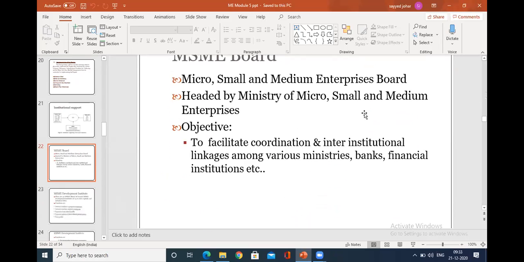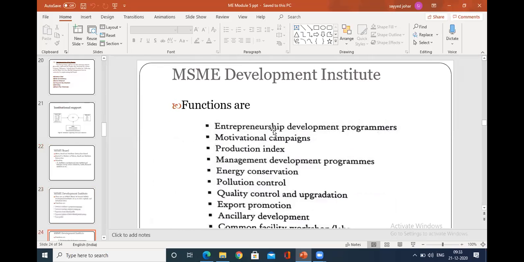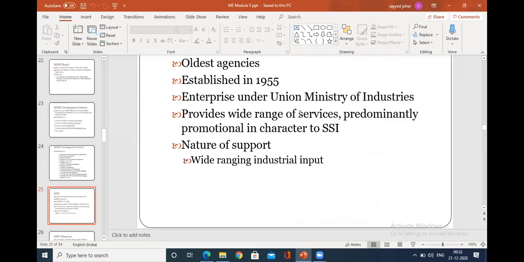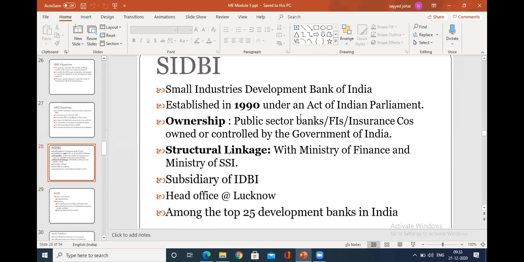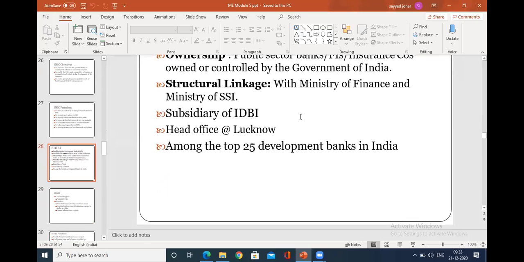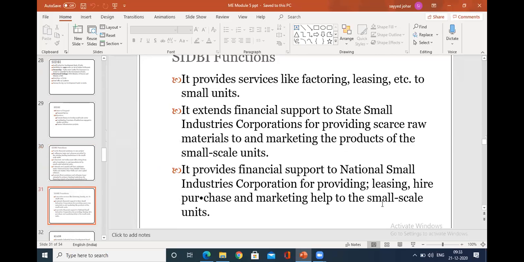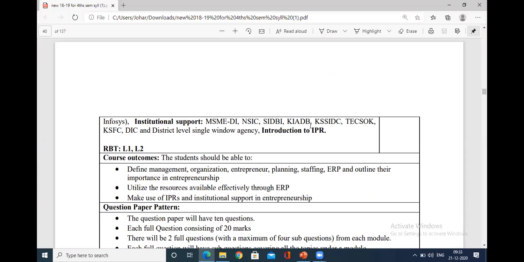For institutional support, I have to go through each individually. What is the MSME board? What is the meaning of MSME? And what is NSIC, the National Small Industries Corporation? What is its objective? What are its functions? SIDBI, the Small Industries Development Bank of India: when it was established, what is its objective, and what are its functions? You might get a question like, write short notes on SIDBI and KIDB.